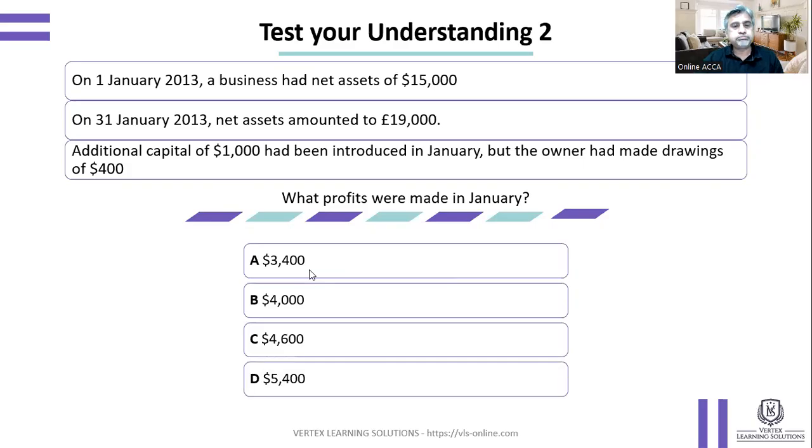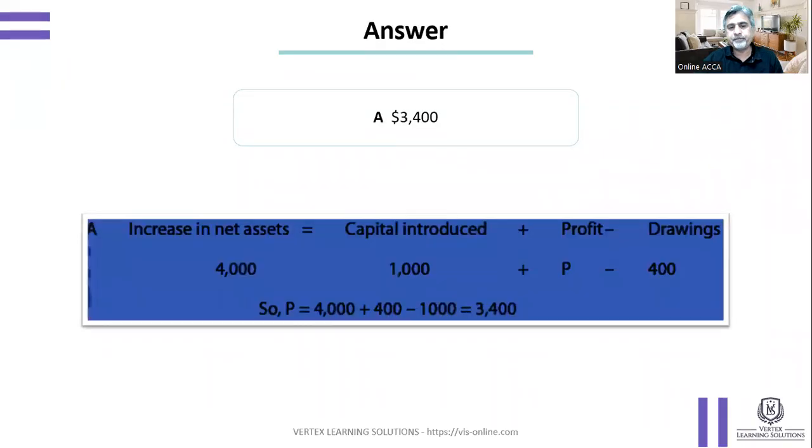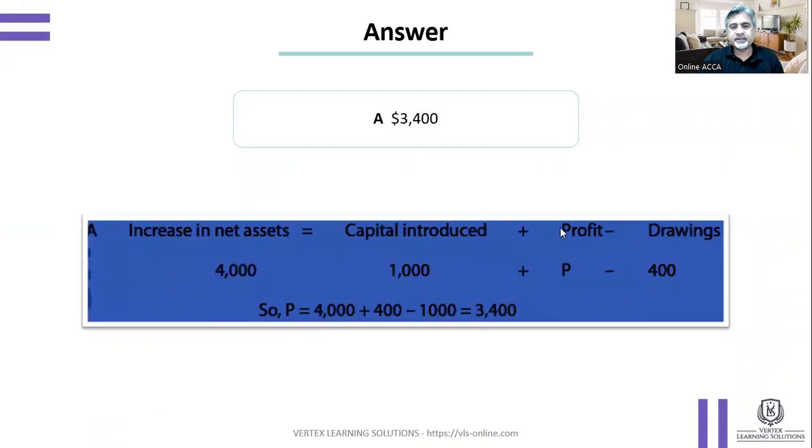Okay, how to put the formula? Again, you remember that. Let me just put the formula my way. I wouldn't say increase in net asset. Actually, increase in net asset means closing minus opening. But I will use that traditional formula which we said before.